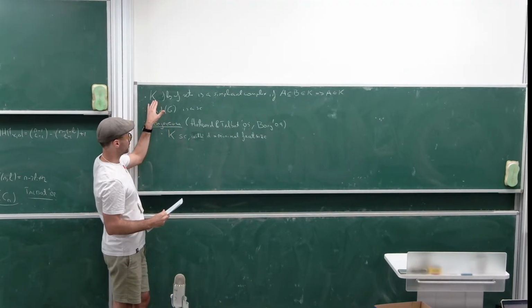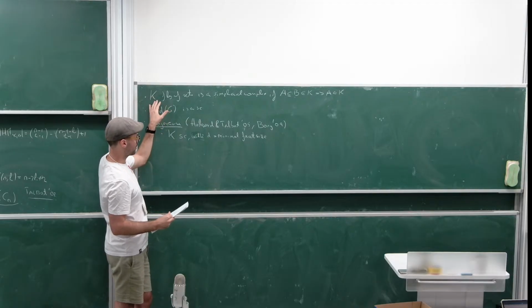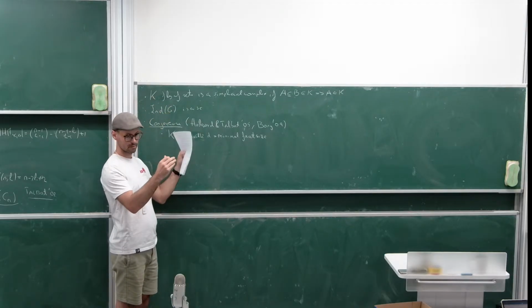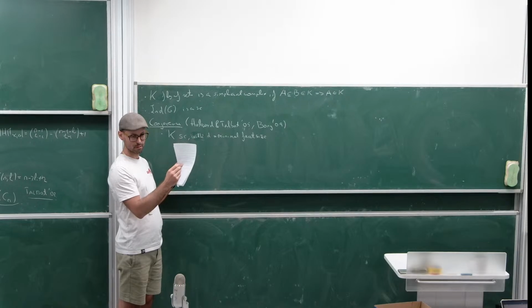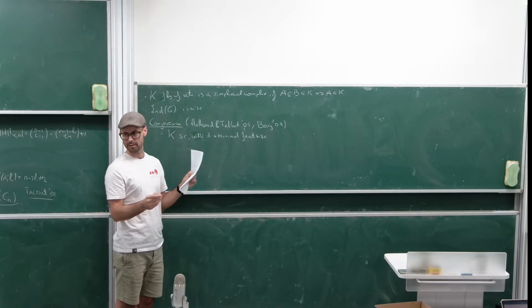The elements of a simplicial complex are usually referred to as faces. Facets are maximal faces with respect to inclusion. You might have facets with different cardinalities.